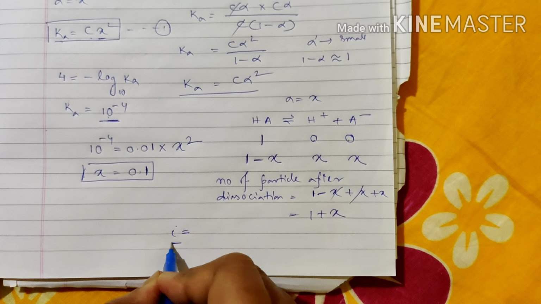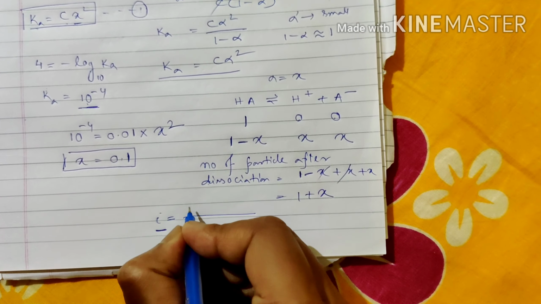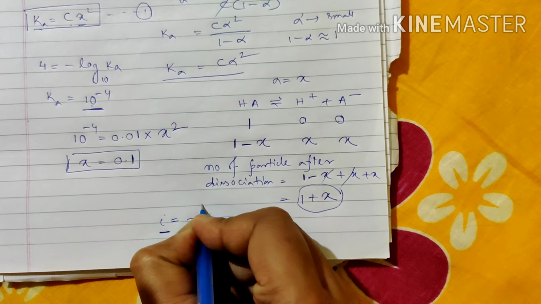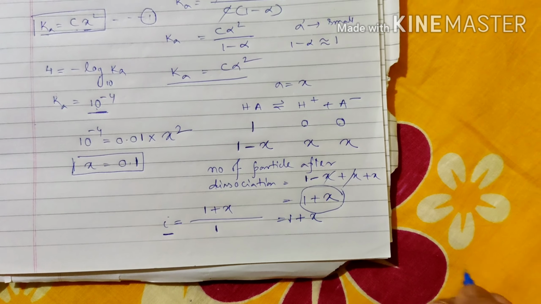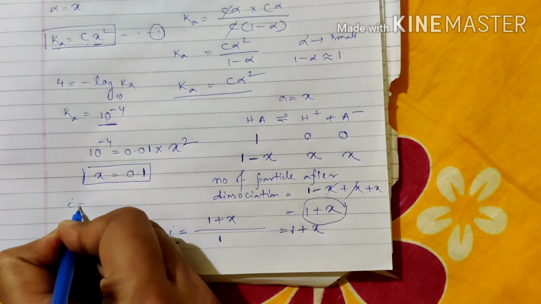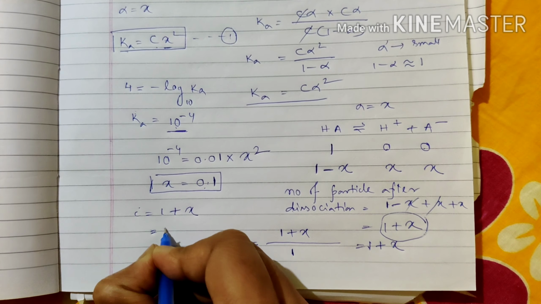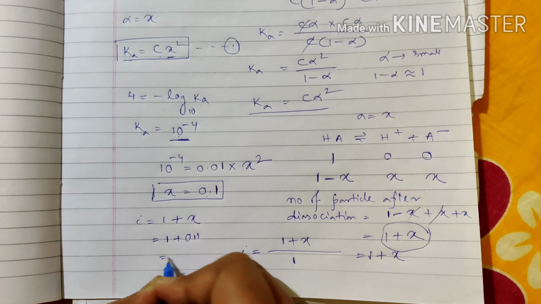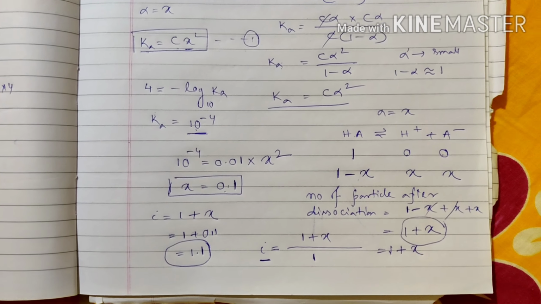So the value of i is the number of particles after dissociation divided by 1, which is nothing but 1 plus x itself. X we have already calculated, so it is 1 plus 0.1. So the answer is 1.1. So the i value is 1.1.